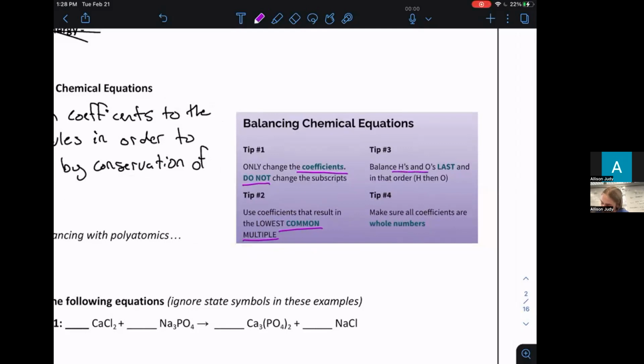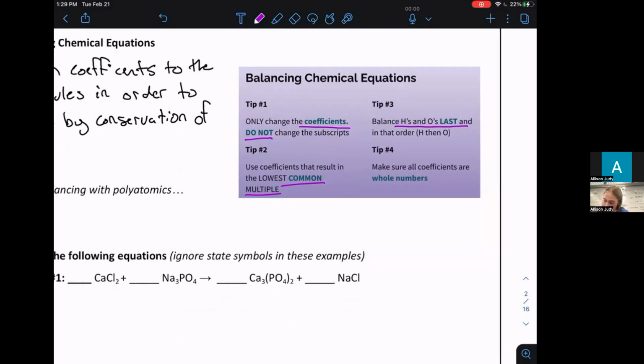This final one is balance hydrogens and oxygens last, and in that order, the hydrogens and then the oxygens. That's generally done because hydrogens and oxygens are all over the place, and if you're balancing the other atoms, you're going to be messing with the number of hydrogens and oxygens you have, so you'd have to go back and rebalance them. The final tip is to make sure the coefficients are whole numbers.